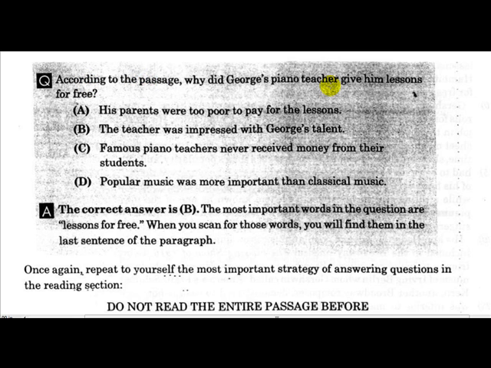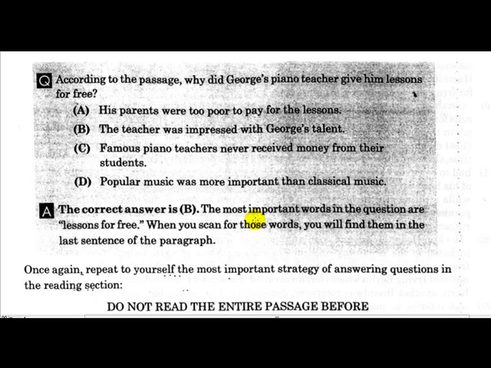According to the passage, why did George's piano teacher give him the lessons for free? And then we have the various suggested answers, but the correct answer is B. The teacher was impressed with George's talent. And the most important words in the question are "lessons for free."